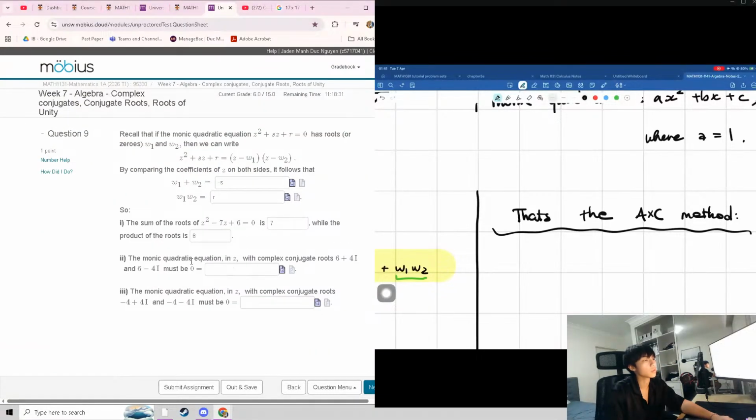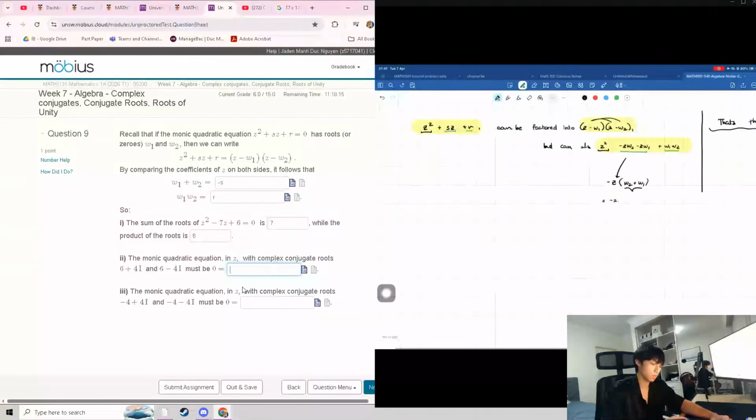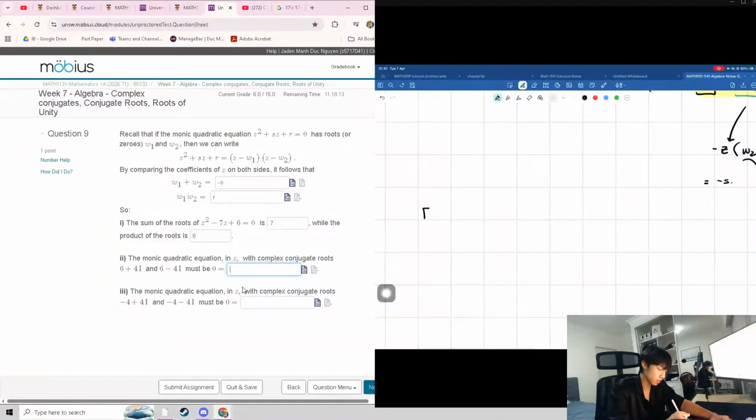So the monic quadratic equation in Z with complex conjugate roots must be zero and equal. Oh, okay. So it just wants me to find the monic quadratic equation. Right?